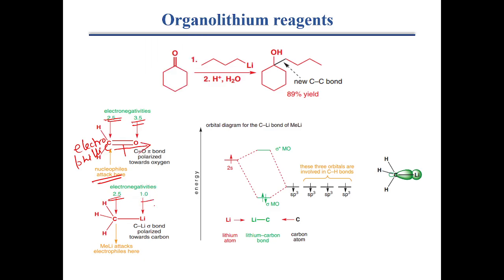We all know that lithium is a metal, so it tends to give up its electron, which is why it is electropositive in nature. As the electronegativity of carbon is much more than lithium, the carbon will attack. So it can act as a nucleophile.